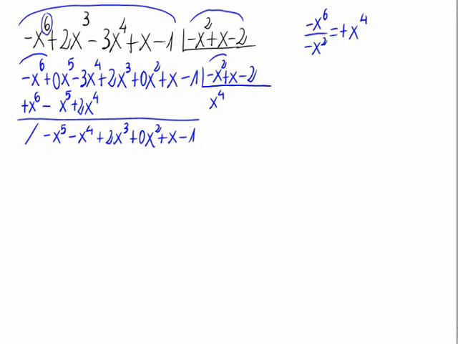This would be the same as having a new dividend. And now what we have to do is repeating the steps we've done with the previous dividend. Let's divide minus x to the 5th by minus x squared, and this would be plus x cubed. Let's write it down on the quotient, and let's multiply it by the divisor.